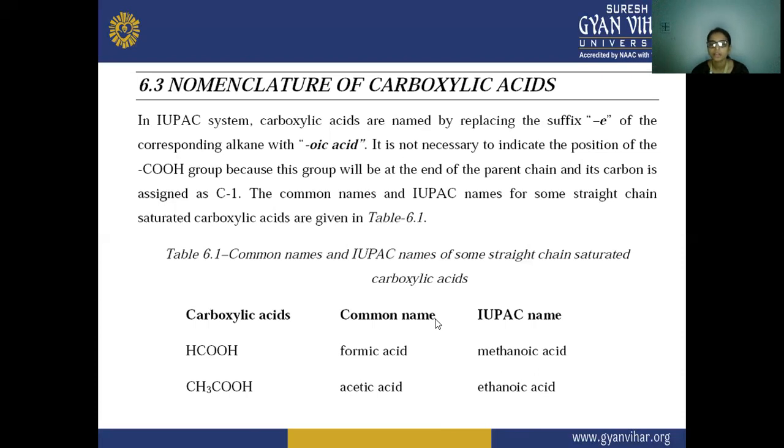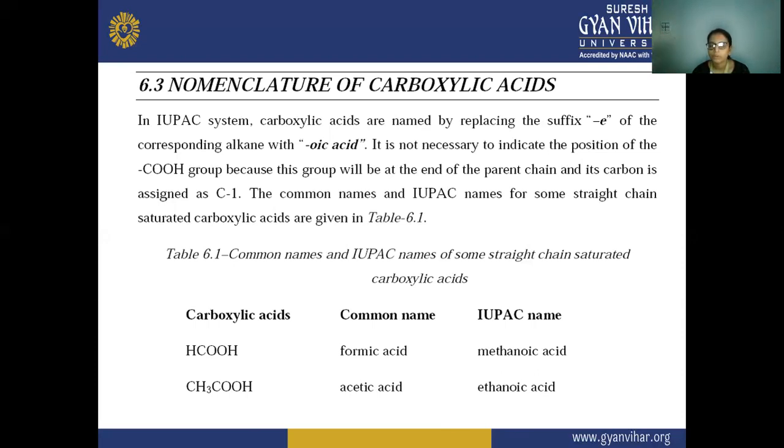In the IUPAC system, carboxylic acids are named by replacing the suffix E of the corresponding alkane with oic acid, and it is not necessary to indicate the position of the COOH group.